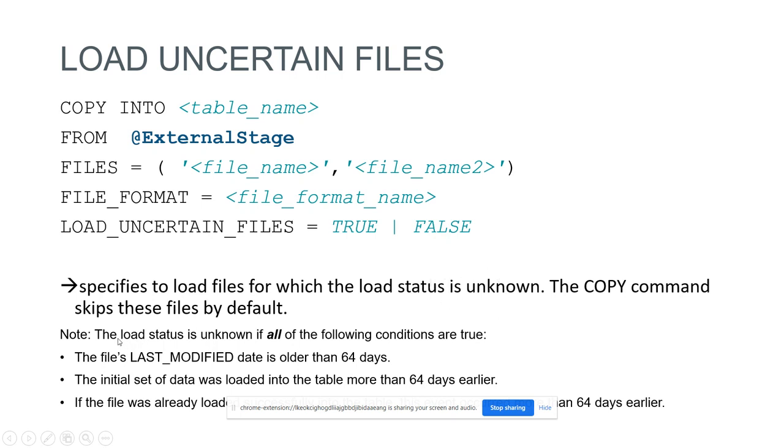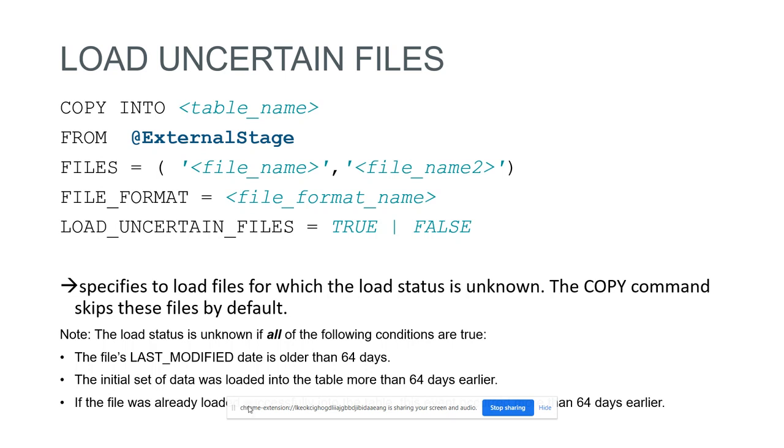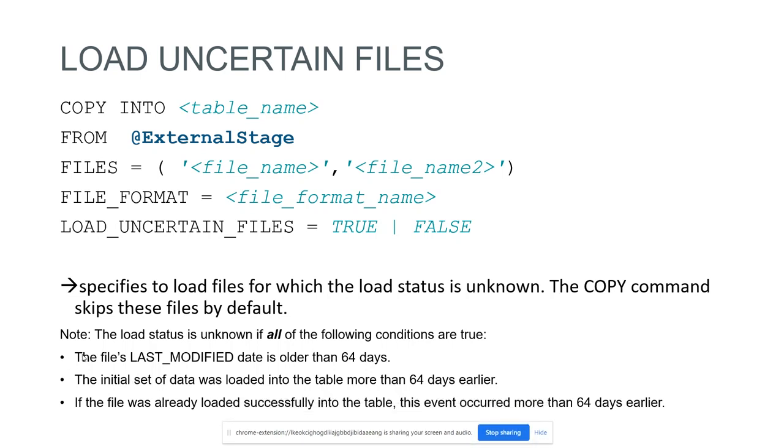Now, what is meant by unknown? The load status is unknown if all the following conditions are true. Whenever we need to decide a file has the status unknown, it should meet these three conditions. The first condition is the file's last modified date is older than 64 days.